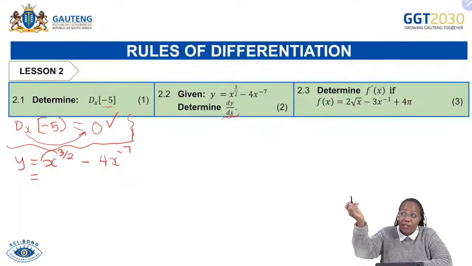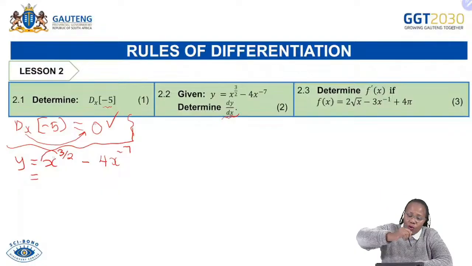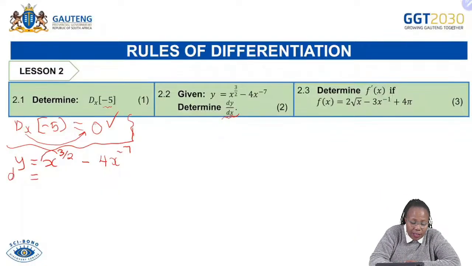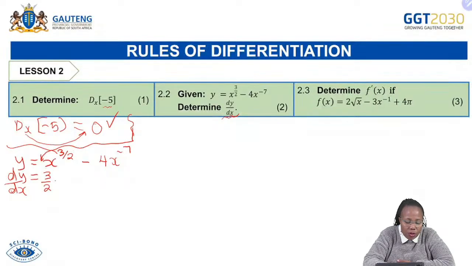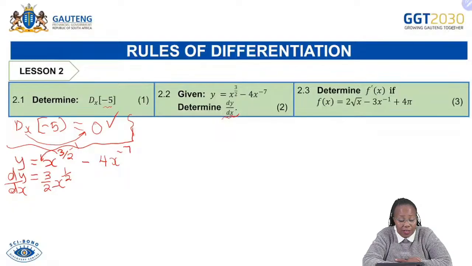The minute you start multiplying exponent into coefficient, you must tell us that you are deriving. That means by writing the notation dy/dx, you are telling us now I am starting to derive. So it will be 3 over 2 times 1, which is 3 over 2 x. And then from the exponent, we subtract 1. Then we'll be left with 1 over 2 there. So that is your first derivative.